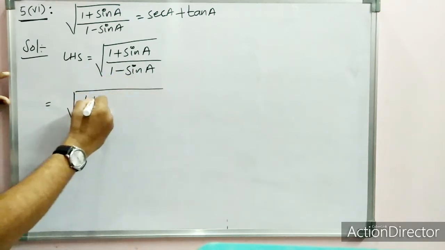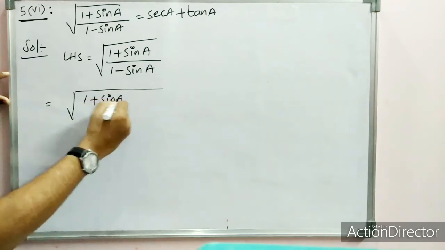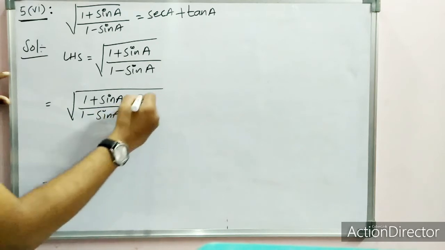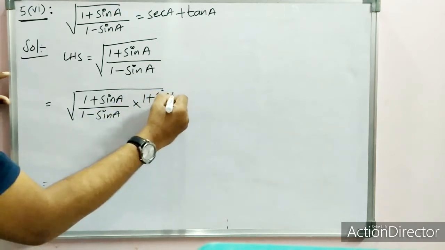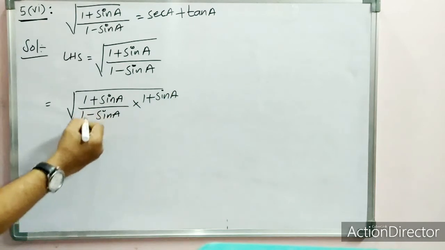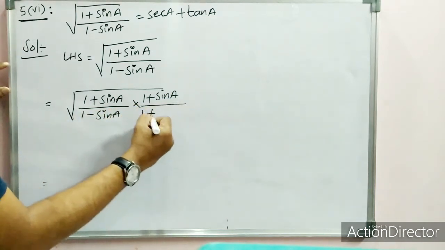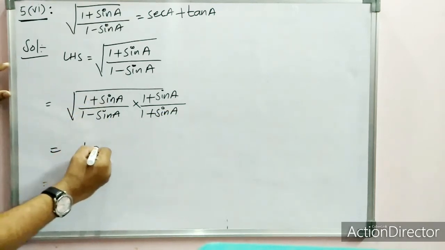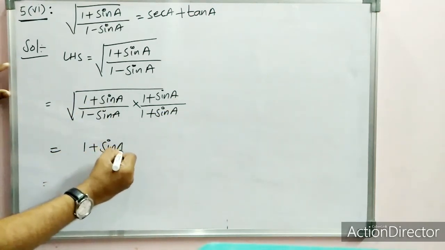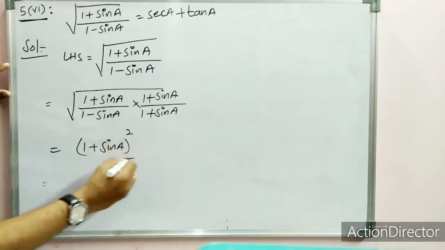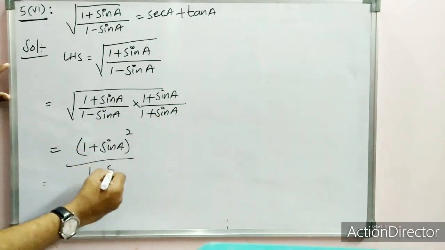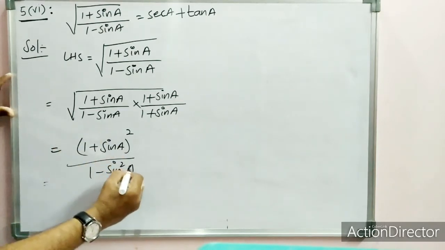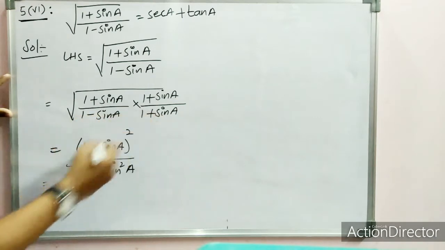Multiply numerator and denominator, keep 1 minus sin A as it is, and multiply with 1 plus sin A. Always take the reverse sign of the denominator, so numerator and denominator remain equal. Now I can write this as 1 plus sin A whole square by 1 minus sin square A. This is the form 1 minus A and 1 plus A.